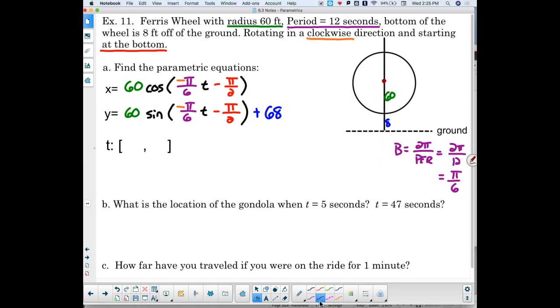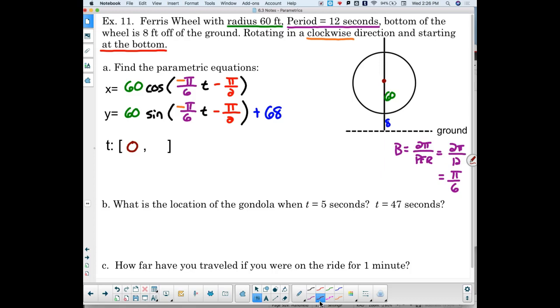Start of the ride is when? How many seconds is it? Have we been riding at the start of the ride? 0.